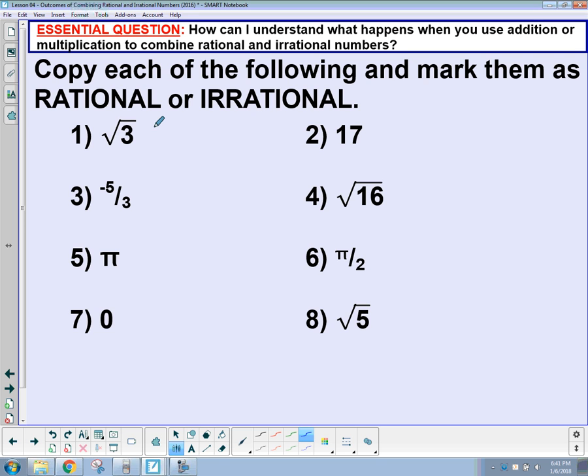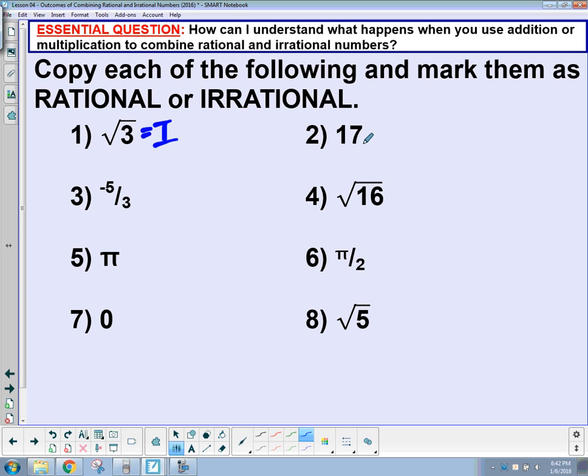Looking at root 3, a dead giveaway is that this is a prime number. Remember, when we were breaking these numbers up into the factor tree and you had those leftovers, the fact that you have a number left over under a radical symbol pretty much means it's going to be irrational. I'm just going to use an I for this.